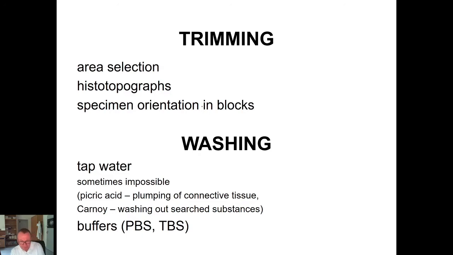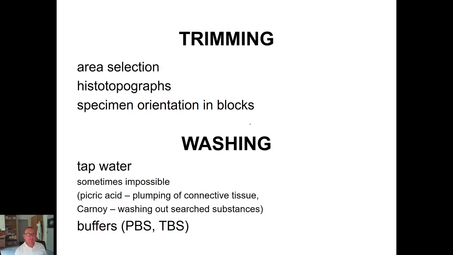After the fixation, which can last some time, which depends on the velocity of penetration and on the size of the specimen, so that's why we have to know it, the tissue has to be trimmed. Trimming of the tissue is a very important step, because only after this procedure we can orient the specimens in blocks.